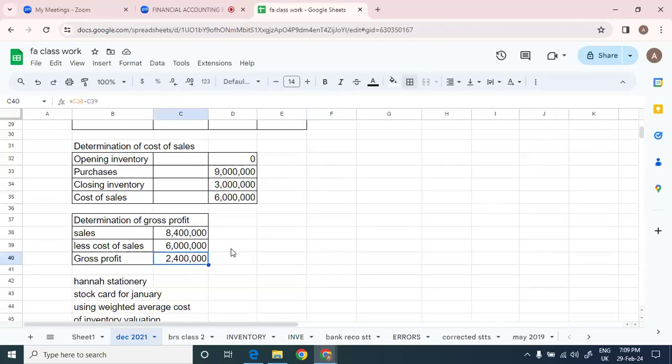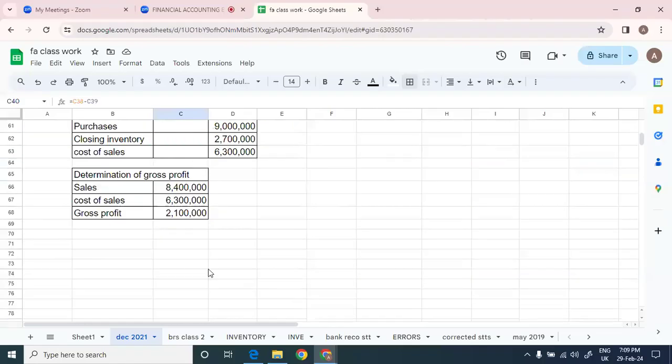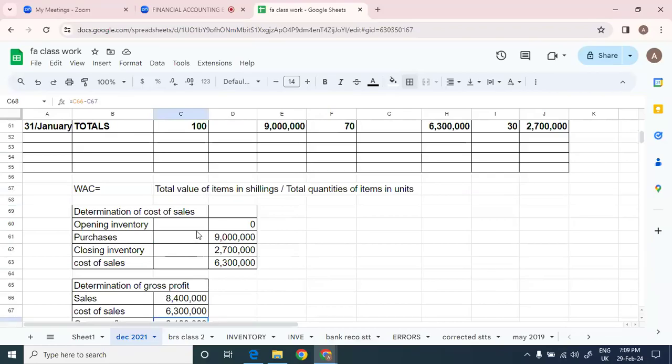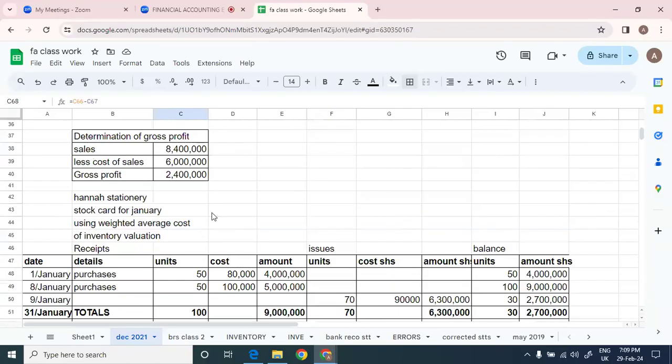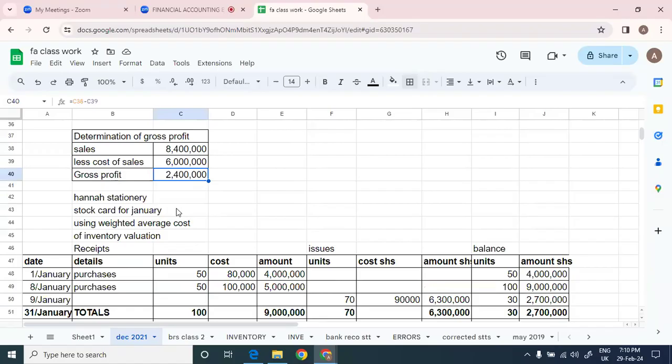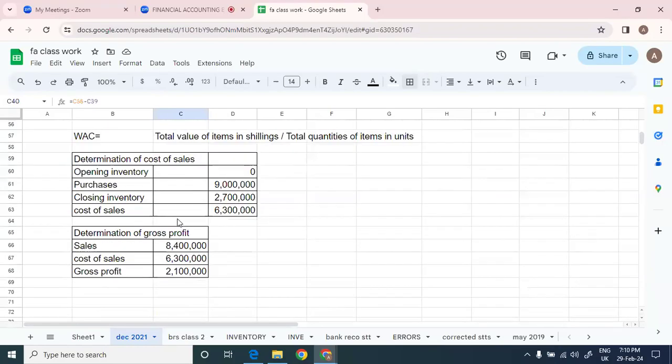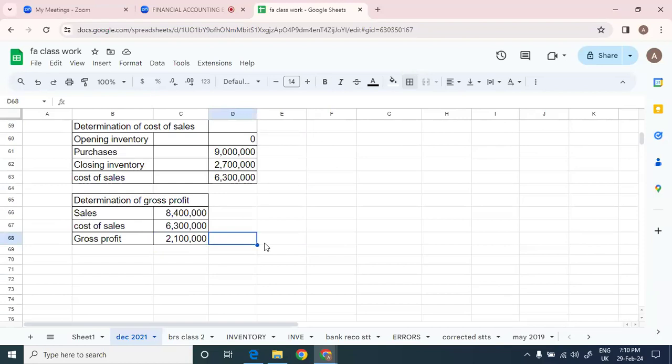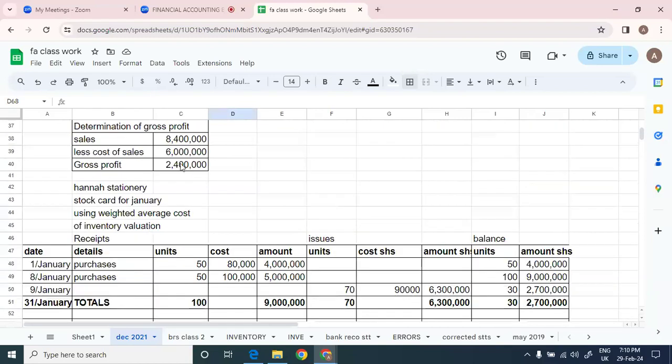A businessman asks you, which method is best for me to go on and use? Everyone needs more profits. Therefore, we are observing that the FIFO method overestimates the gross profit, and this one underestimates. The main aim of doing business is profit. We need higher returns.